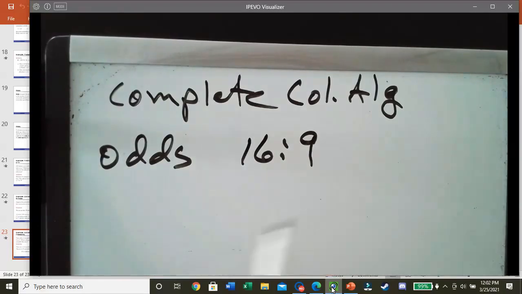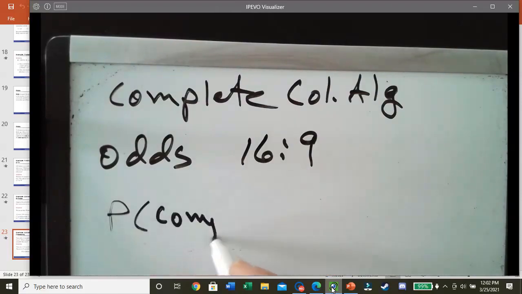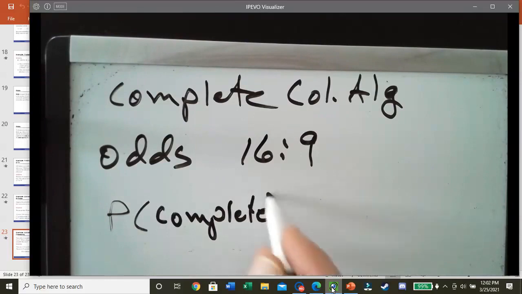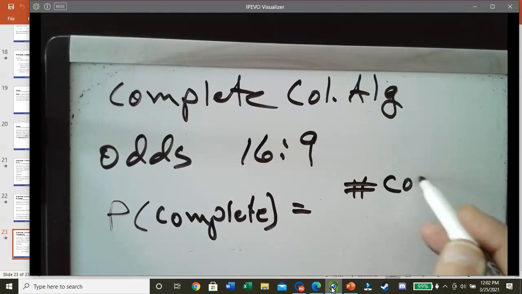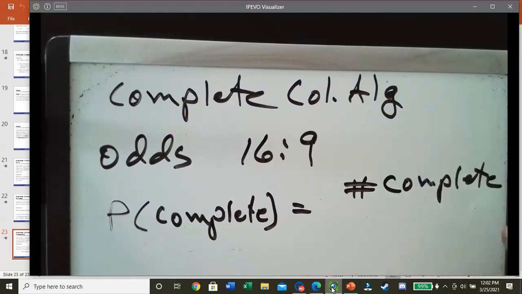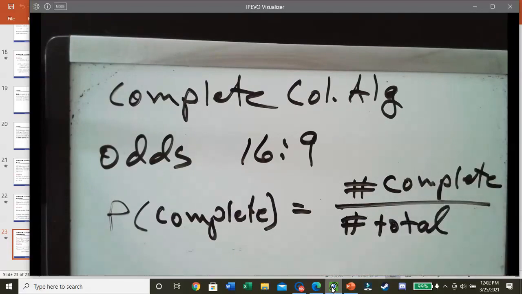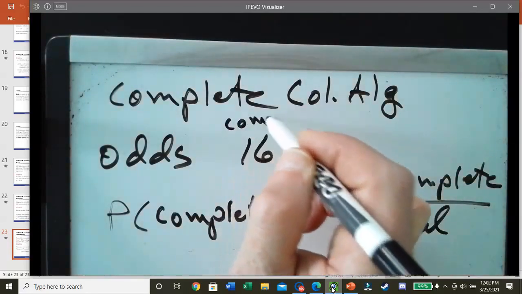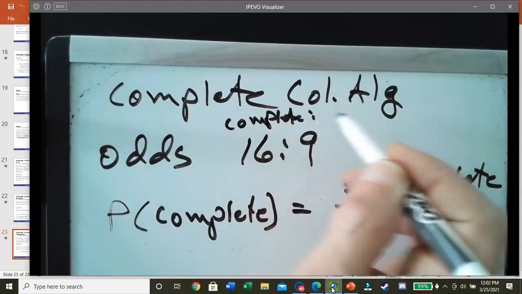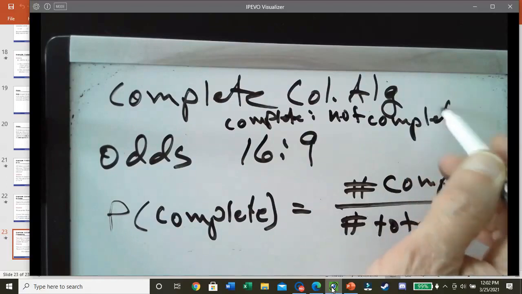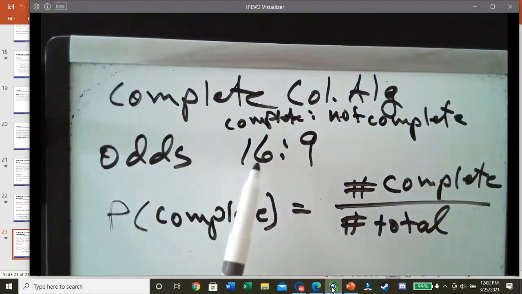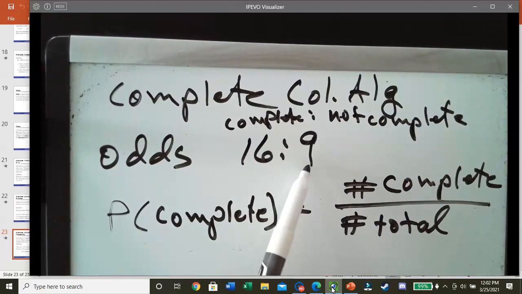But the probability of completing is the number that complete over the total. Well, this is complete versus not complete, right? 16 completed, 9 did not complete.